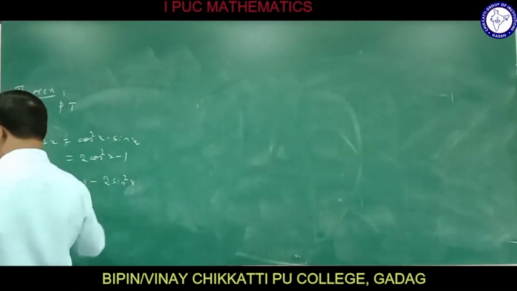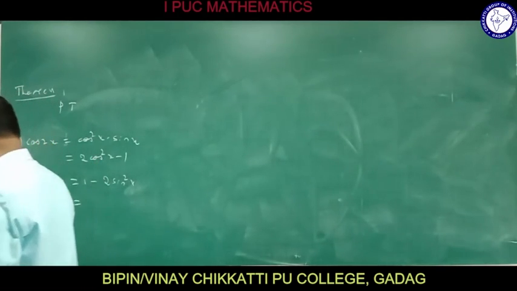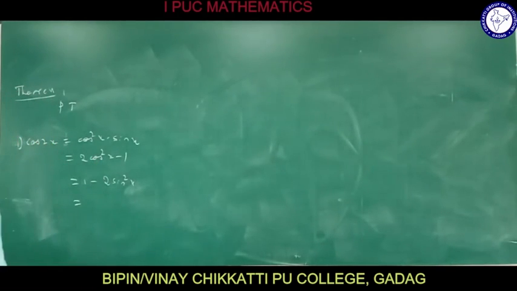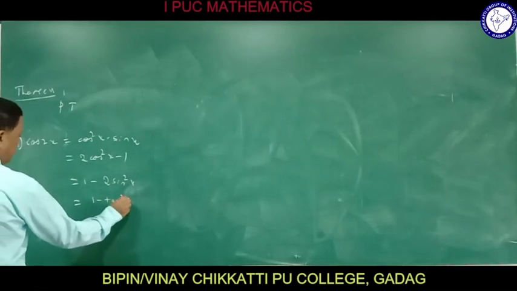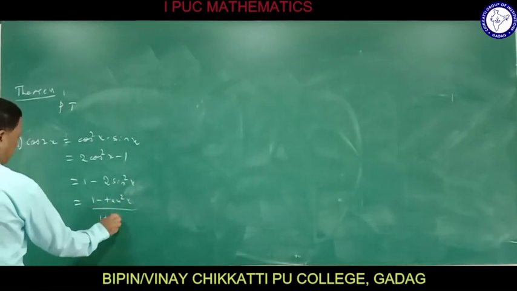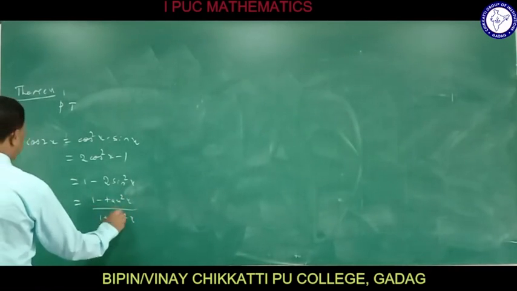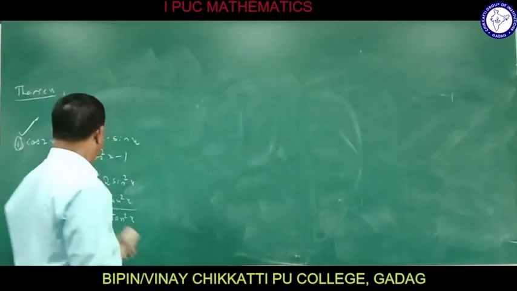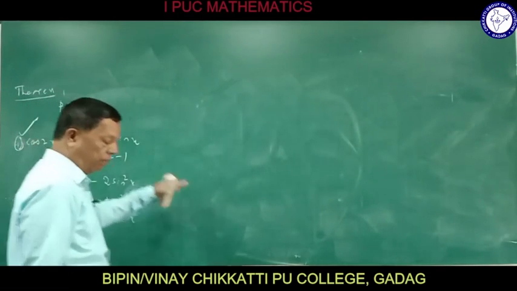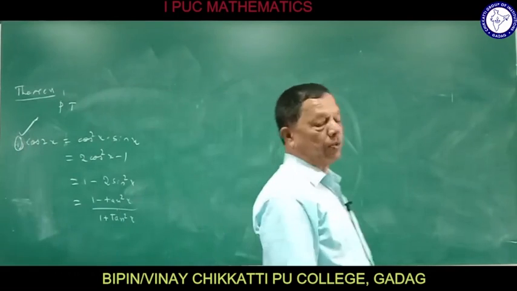These are totally 4 formulae you can prove here. First I want to prove this, then I go for sin 2x, then I go for tan 2x.